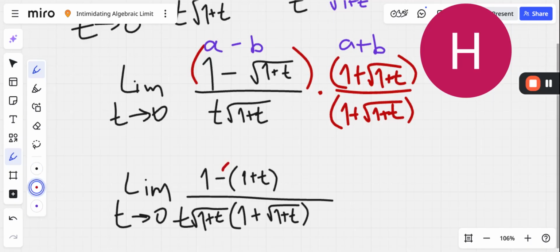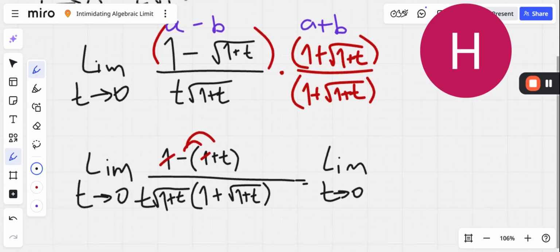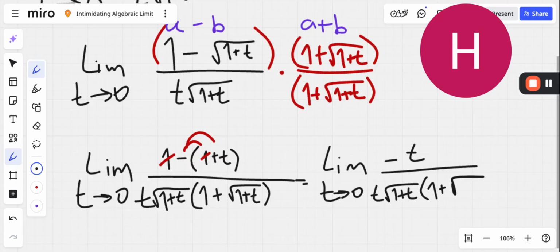Because in the top, we're going to distribute the negative, and 1 minus 1 just cancels, leaving us with the limit as t goes to 0 of negative t over t times the square root of 1 plus t, and all of that multiplied by 1 plus the square root of 1 plus t.